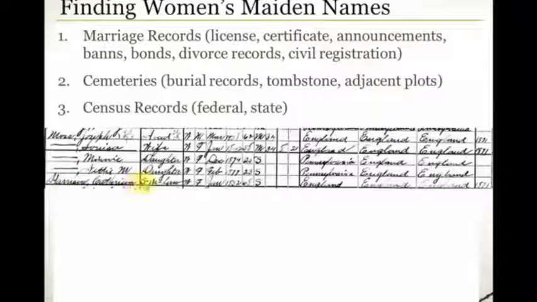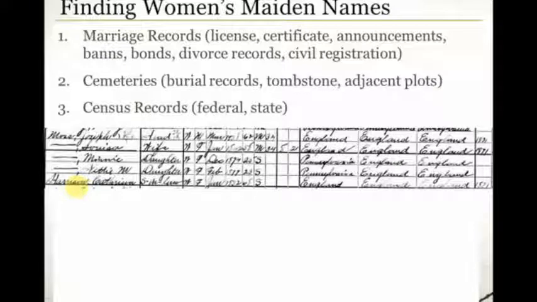She's listed as a sister-in-law, and her marital status is listed as single. Now make sure you pay attention to that marital status. If she had been divorced or widowed, it's possible that Harrison is not a last name that could be the maiden name for Louisa. But because she's single and because she's listed as a sister-in-law, chances are Louisa's maiden name is Harrison. Certainly worth looking further into.